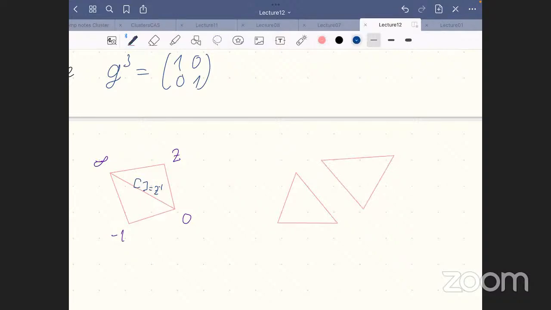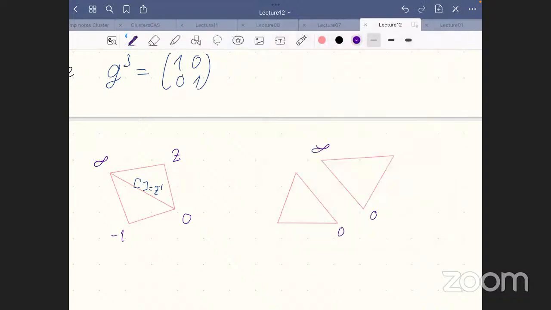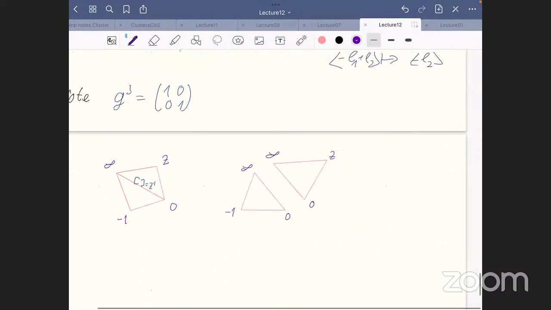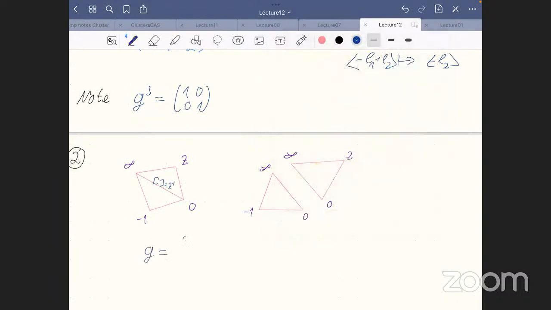So here we have 0, in this triangle, and we can take a matrix of the form maybe like this, not for sure.